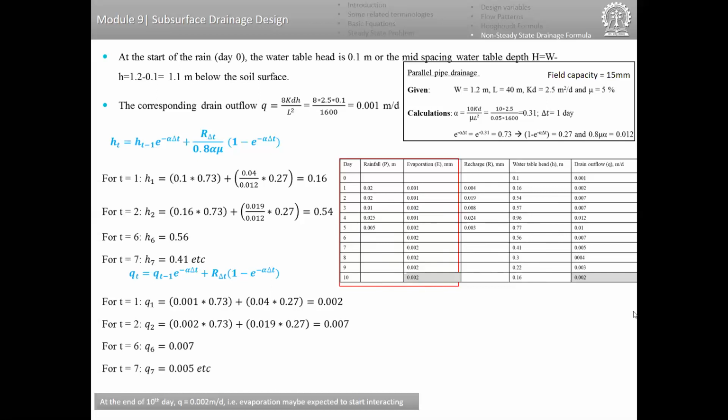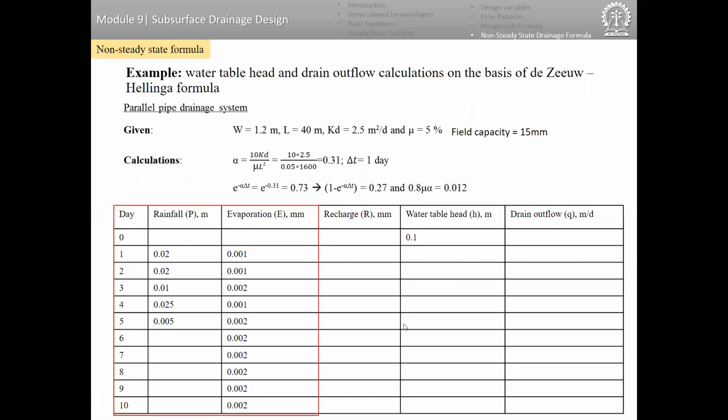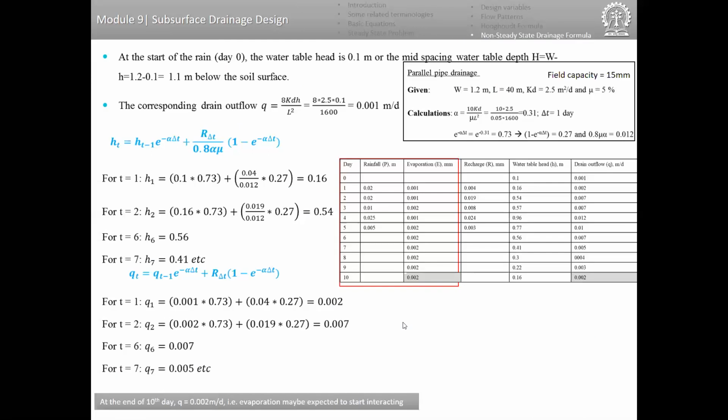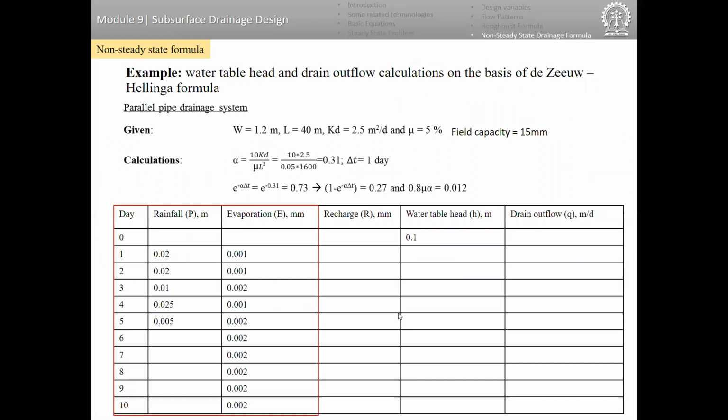After this time, the evaporation will influence the drain outflow, so evaporation is influencing the drain outflow after 10 days. This is how you can put all these values and solve for a fluctuating water table using the Dzu-Hellinger formula.